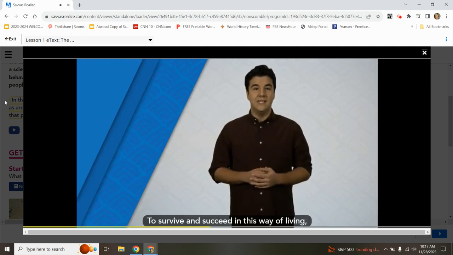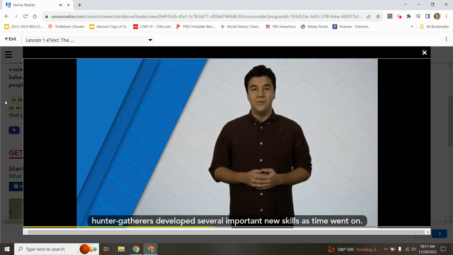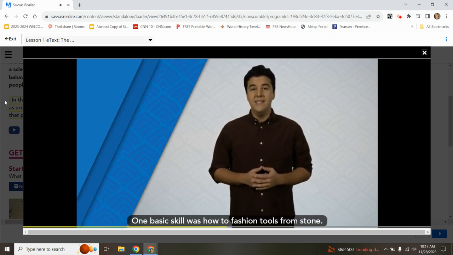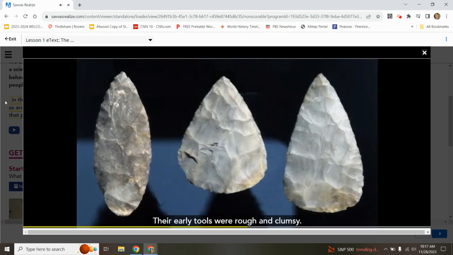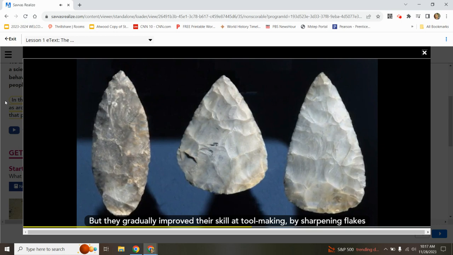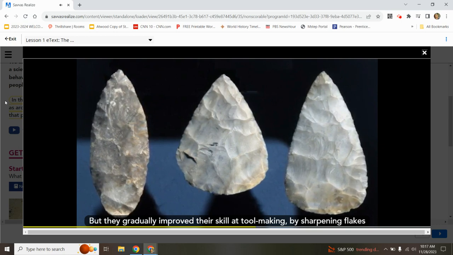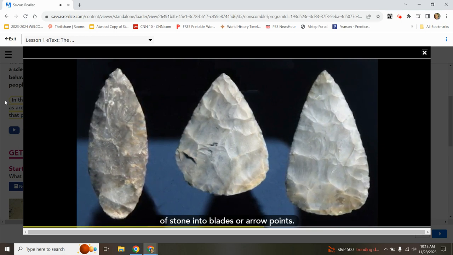To survive and succeed in this way of living, hunter-gatherers developed several important new skills as time went on. One basic skill was how to fashion tools from stone. Their early tools were rough and clumsy, but they gradually improved their skill at tool making by sharpening flakes of stone into blades or arrow points.